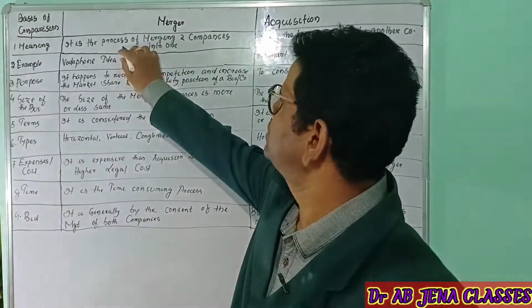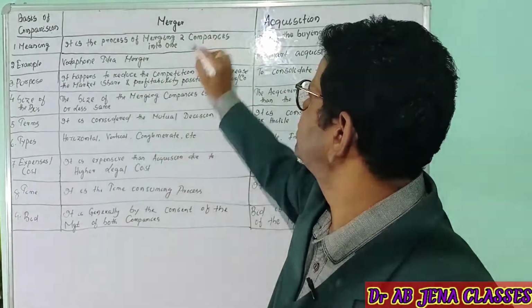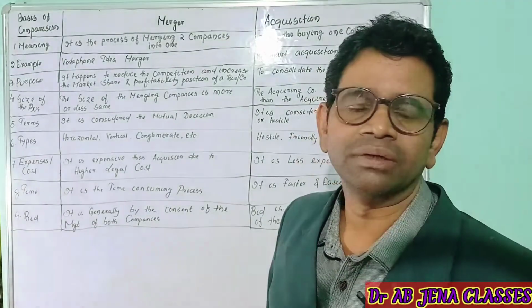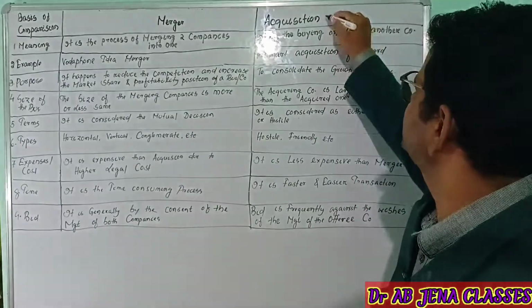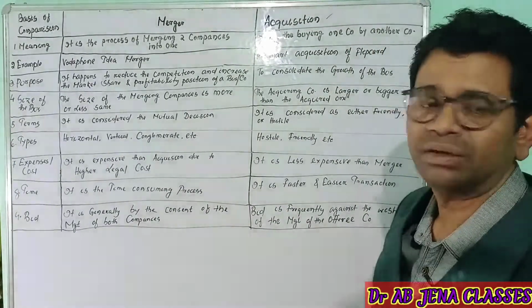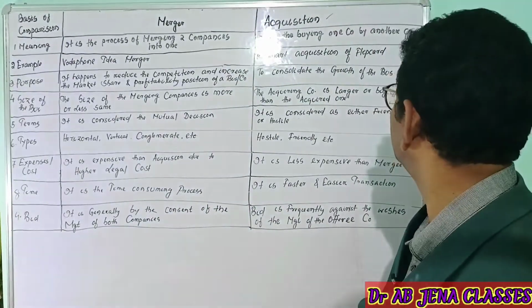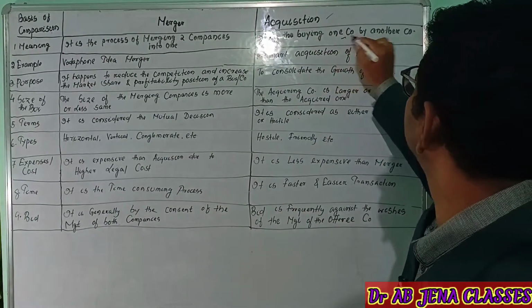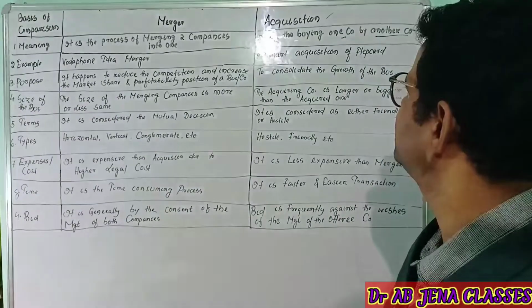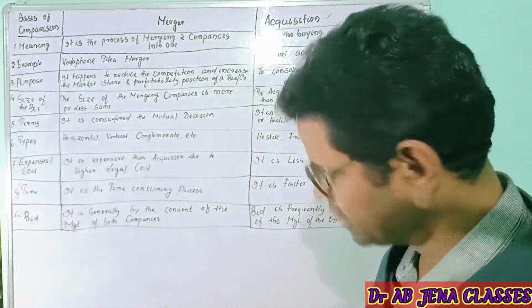Again, the merger is a process of merging two companies into one, as we have already discussed by citing a suitable example. And what is the meaning of acquisition, we have also discussed. It is the buying of one company by another company. So one company will acquire the other company.